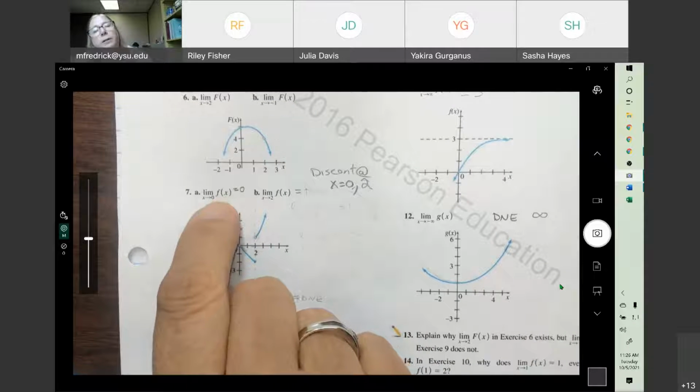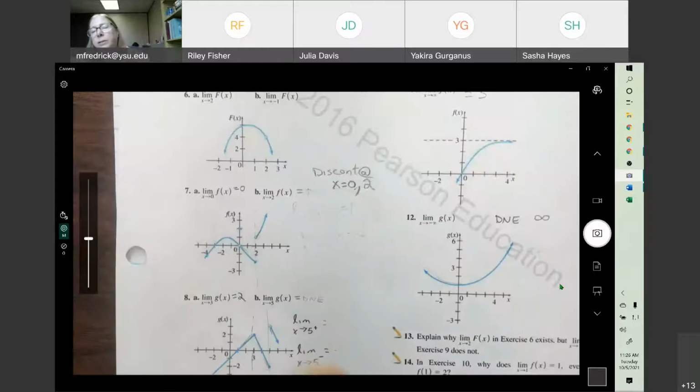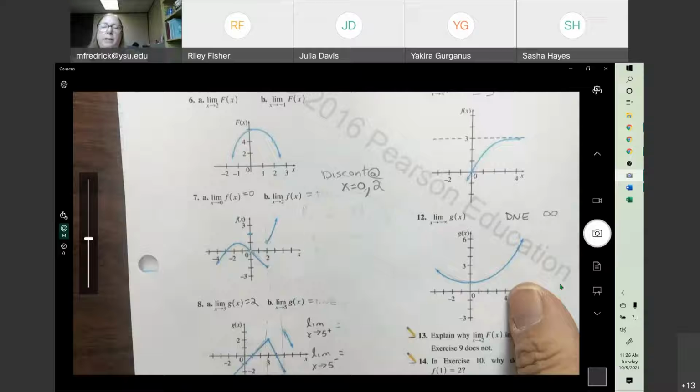Now, since this one is discontinuous, I always have you find limits from the right and the left.